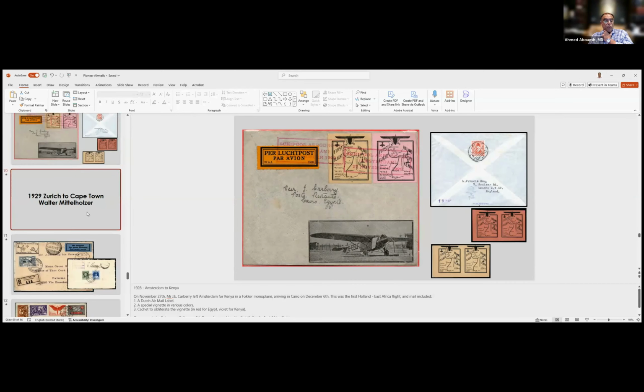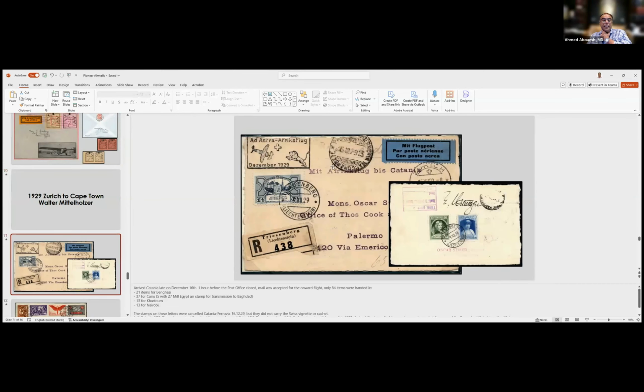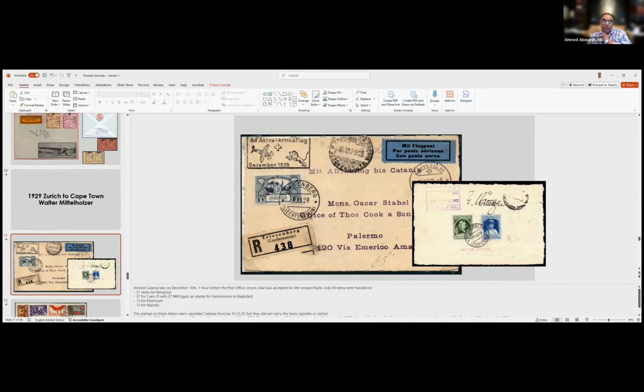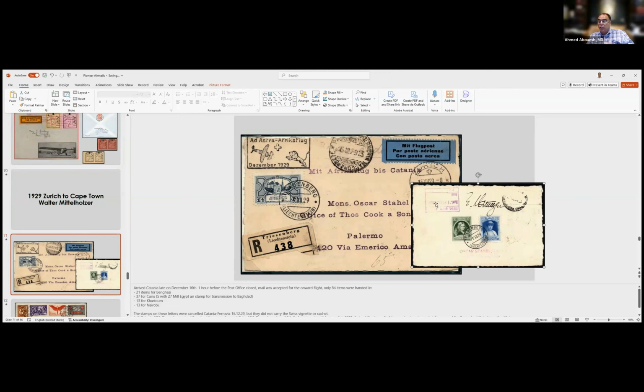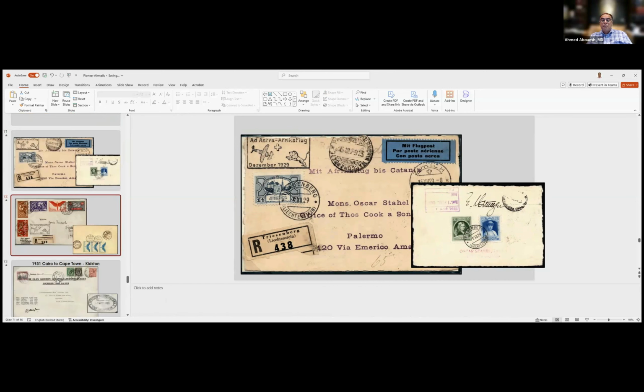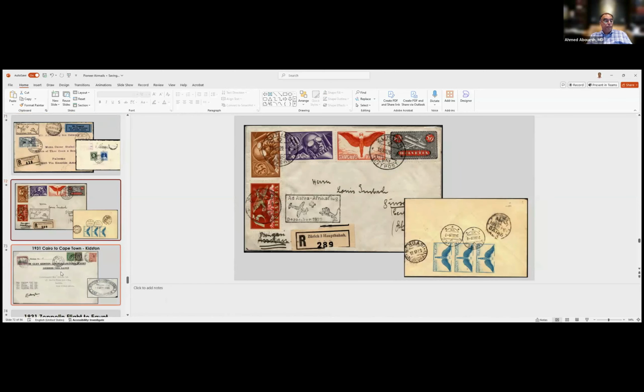Captain Mittelholzer would make another flight in 1929. This is to Catania. This was to Palermo, but Catania was one of the stops, with his signature and the violet hand stamp of Thomas Cook on the reverse. Another example.